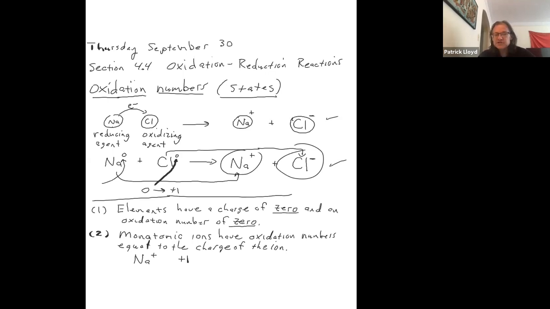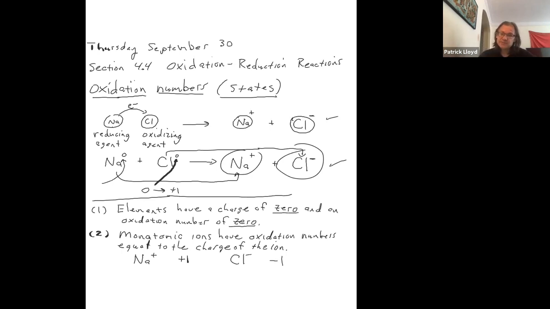So we write +1 as the oxidation number. In the chemical formula, we often put the number as a superscript and then the symbol for plus or minus. But for oxidation numbers, we put the sign first and then the number. Likewise, the chloride ion has a charge of -1, so its oxidation number would be -1.